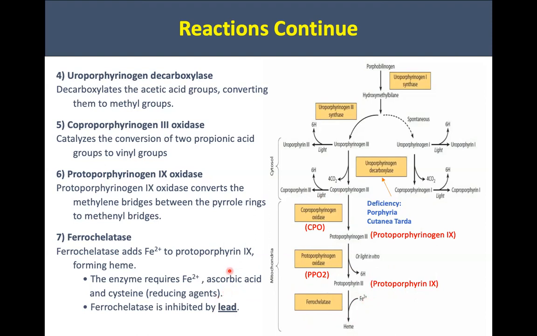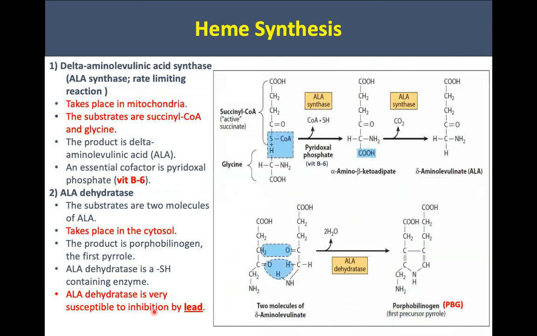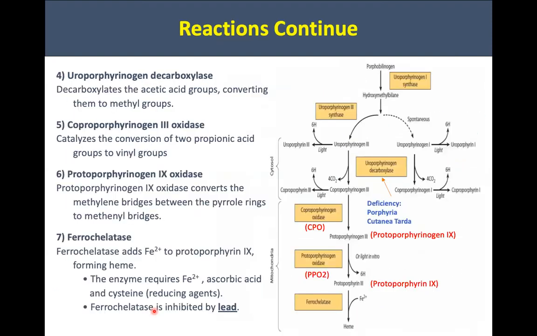The same way that ALA dehydratase in the previous slide could be inhibited by lead, ferrochelatase can also be inhibited by lead. So all the things I mentioned before about lead poisoning, where I talked about that it's going to be associated with either toys or paint, keep in mind that you're not only thinking of ALA dehydratase inhibition, you're also thinking of ferrochelatase inhibition.